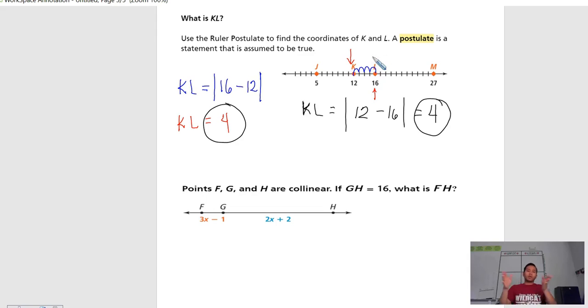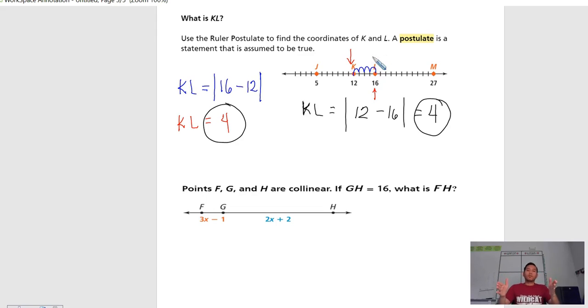So again, I'm just emphasizing this one. Our example is elementary, it's easy because you can just count on the number line. The emphasis here is that I want you to remember that if we say the length of a given segment, as long as the word length is there, there is no negative measure. There is no negative answer. That's why I emphasize the absolute value of the difference of the two.